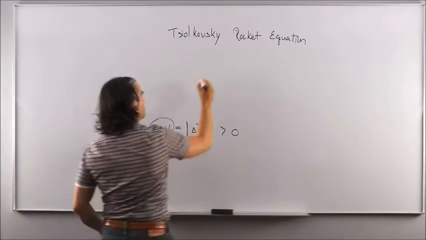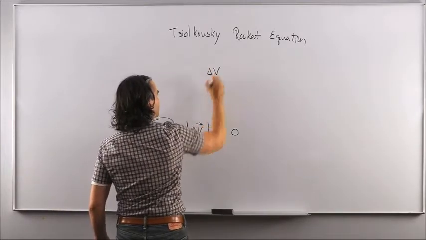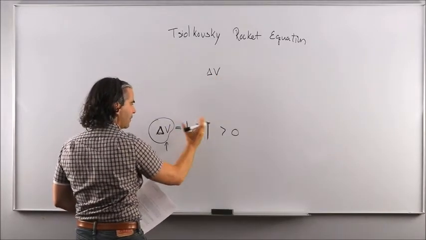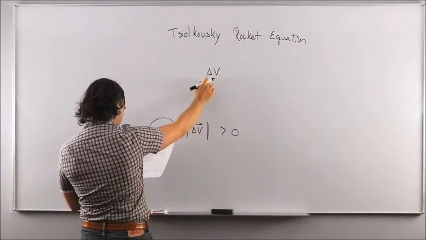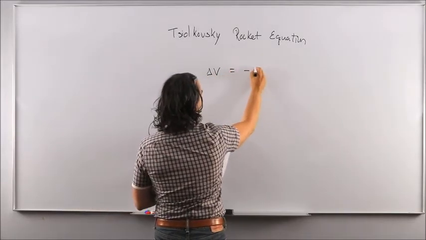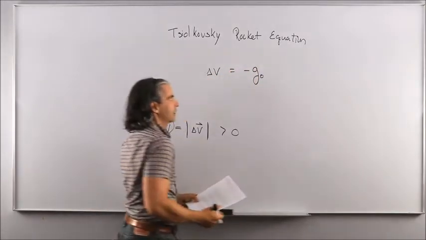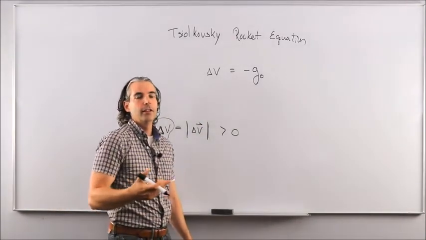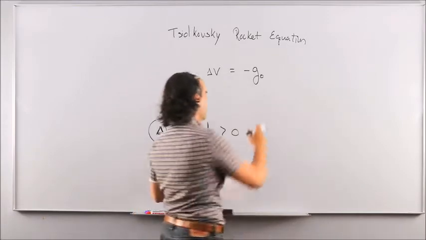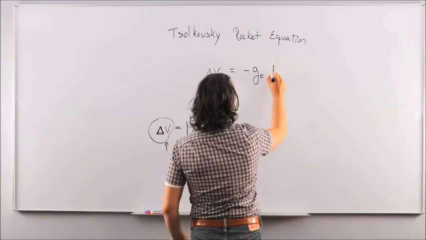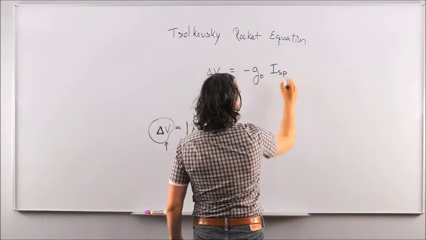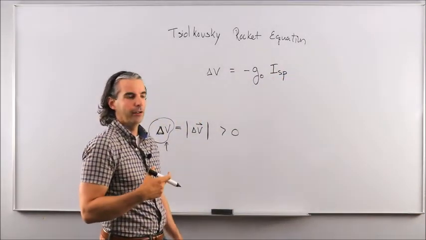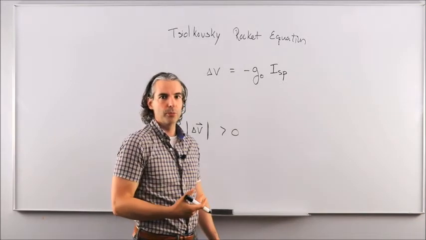So that equation relates the delta V in terms of magnitude of this orbital maneuver, that has both direction and magnitude, so just the magnitude is actually equal to minus g naught, where g naught is the gravitational acceleration at sea level, okay, times the Isp, which is the specific impulse of the fuel being used to perform the maneuver.